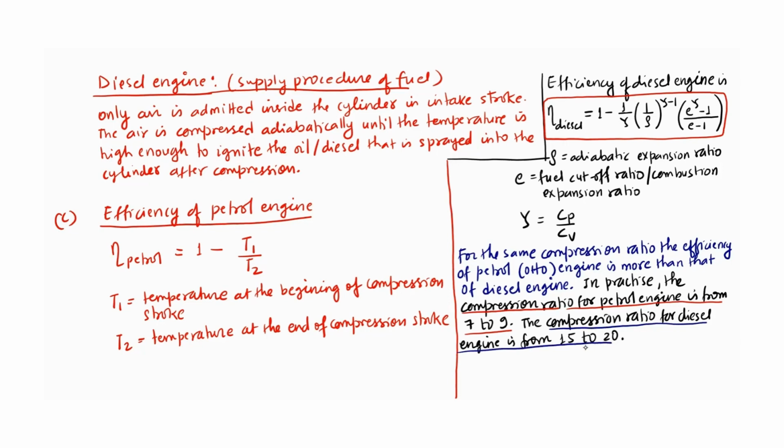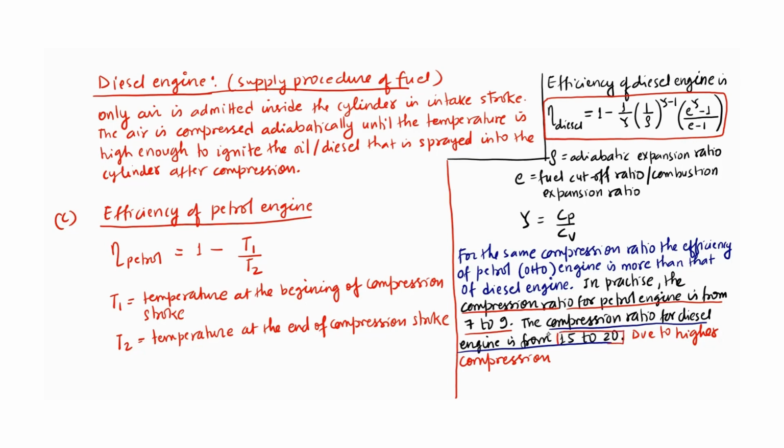Due to the higher compression ratio, the actual diesel engine has higher efficiency than the petrol engine. So I'm writing the conclusion. We can see the compression ratio for the diesel engine is higher.